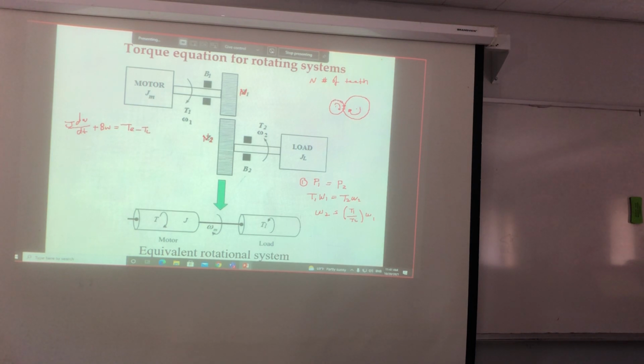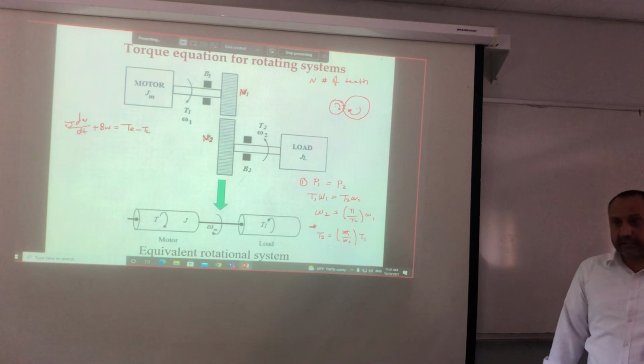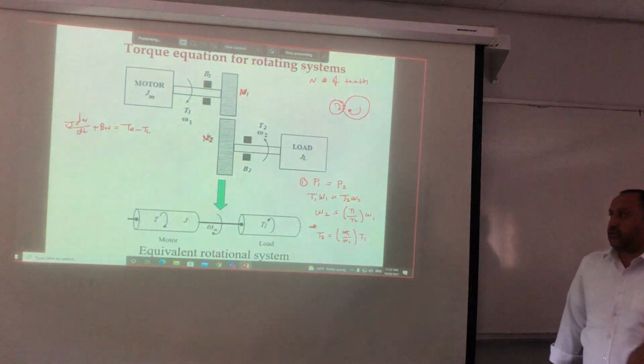Or logically I need to describe the torque, sorry. So I can say that T2 will equal W1 over W2 multiplied by T1. So this is the first assumption, or the first fact, that the power in and out from the gearbox is the same if I'm neglecting the losses.